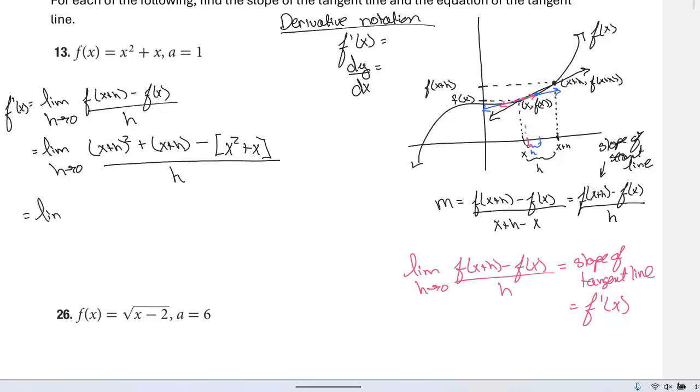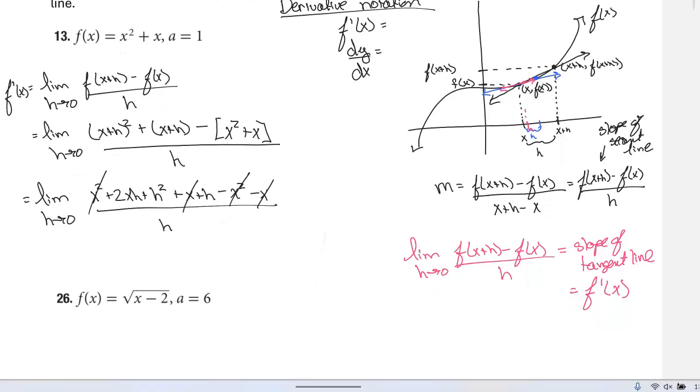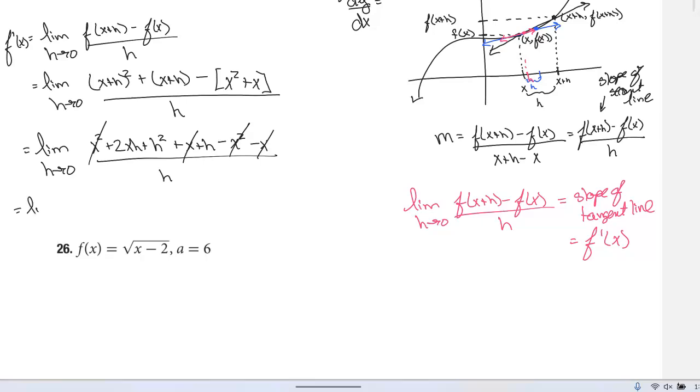So we're going to take the limit, excuse me, as h goes to 0. We're going to square this out. So that's x squared plus 2xh plus h squared plus x plus h. And we're going to distribute the negative, all over h. You can see some things cancel. So I'm going to take the limit as h goes to 0, 2xh plus h squared plus h over h.